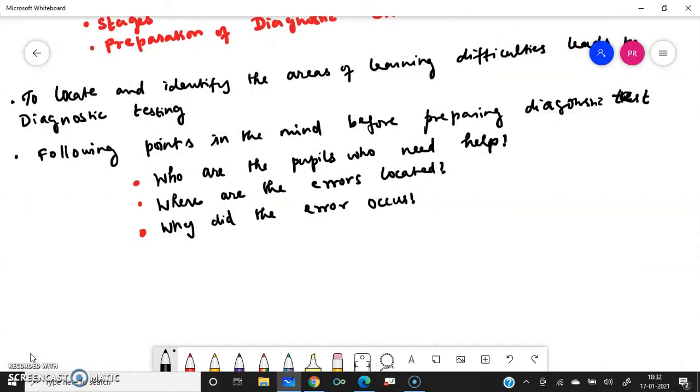You have taught only two-digit subtraction without borrowing, and you have to locate where exactly the student has made the error. We'll see. The first one is 98 minus 62.